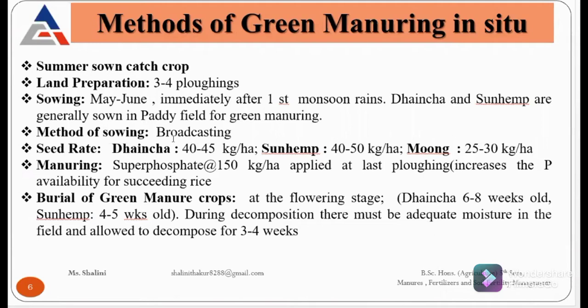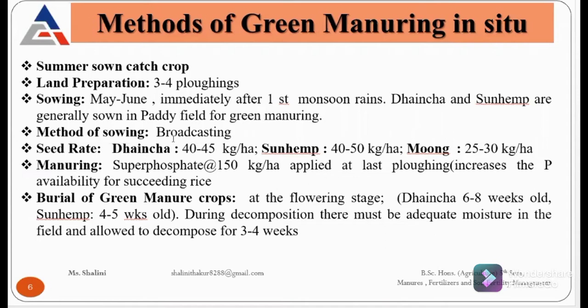Then we have to bury these green manure crops at the flowering stage. Dhaincha is incorporated when it is 6 to 8 weeks old, which means approximately 2 months. Similarly, for sunhemp we need 1 month.